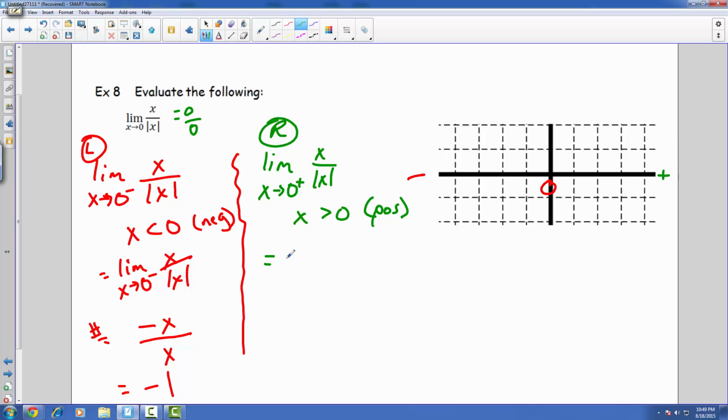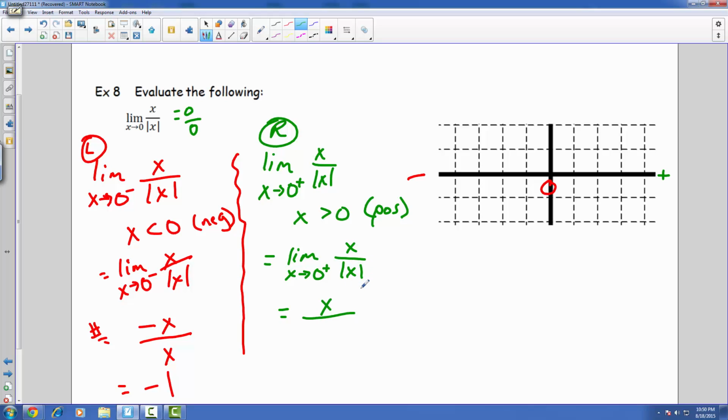Well, in that event, you still end up with the limit as x approaches 0 from the right side of our function x over the absolute value of x. And any value that you plug in here is going to be positive, no matter what it is. And as a result, we end up with some positive x value divided by some positive x value that you plugged in here.